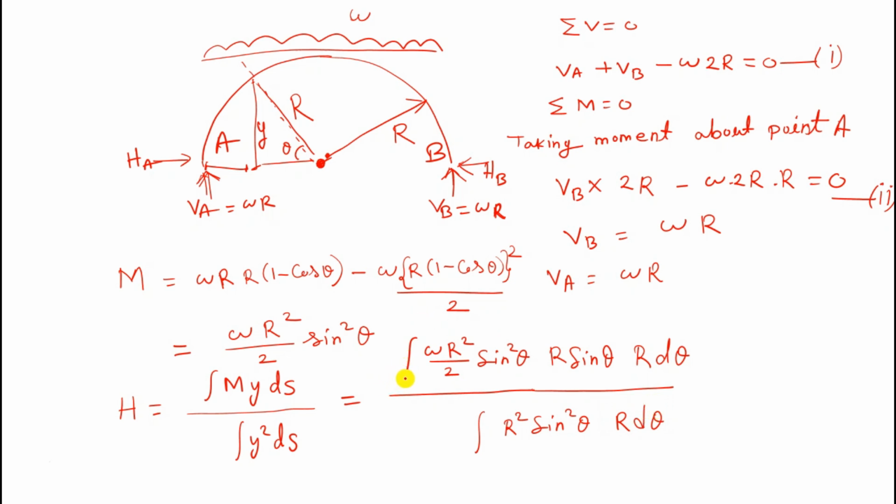Now put the limitation, that is 0 to pi by 2 into 2, and this is 0 to pi by 2 into 2.